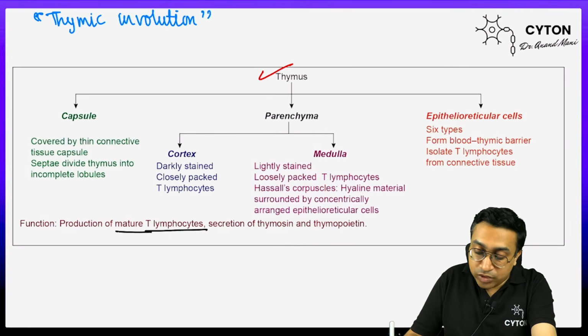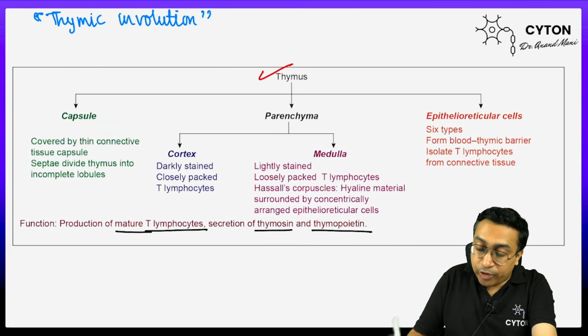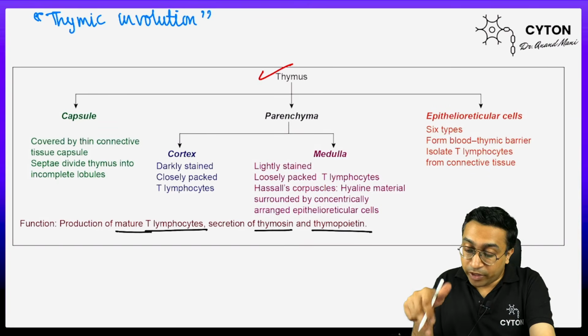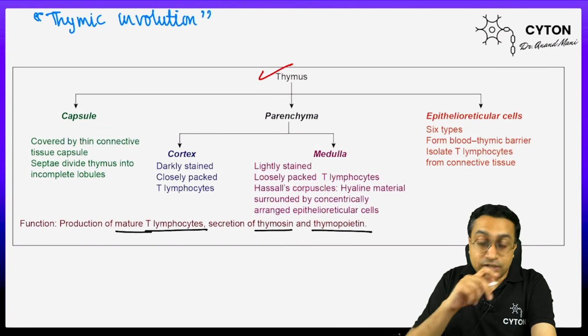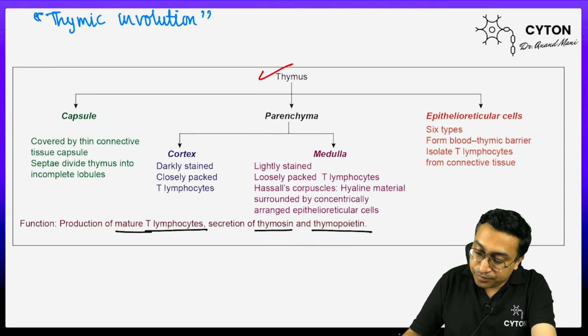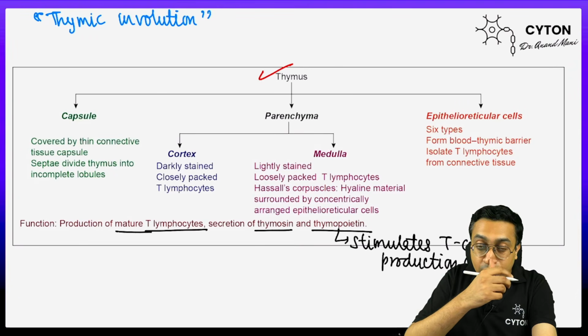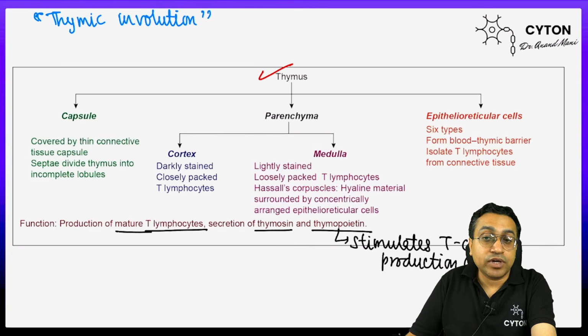Then you have the secretion of thymosin and thymopoietin by the epithelio-reticular cells, and thymopoietin is the one which stimulates T cell production. We have already discussed the functions of the thymus.